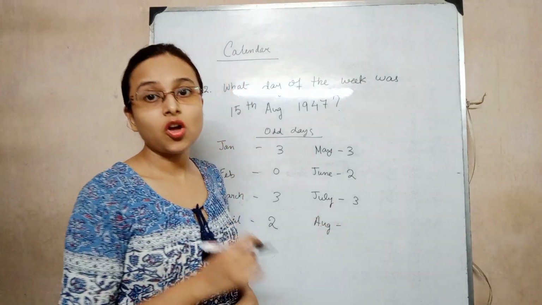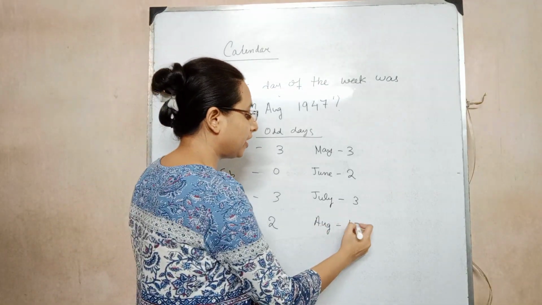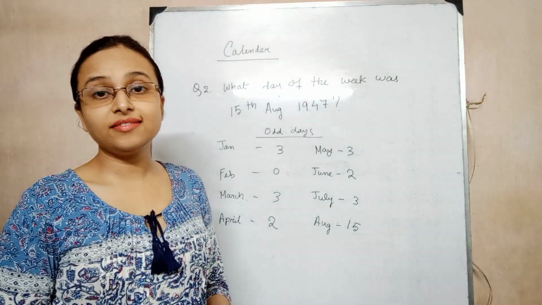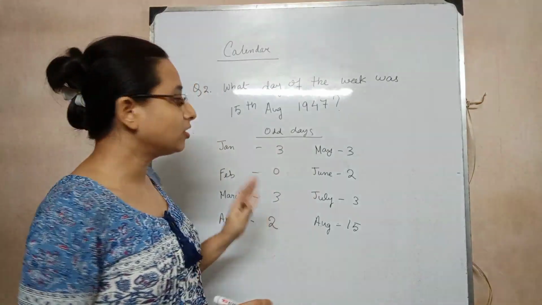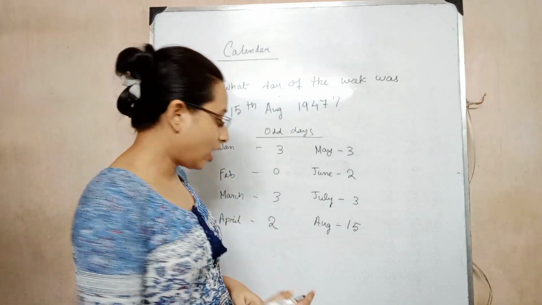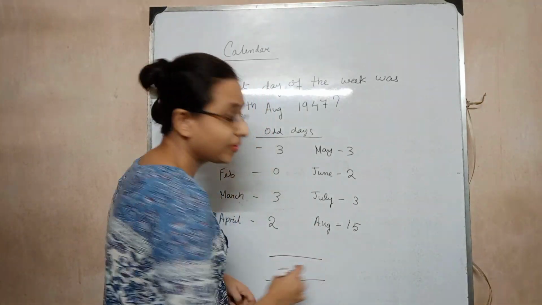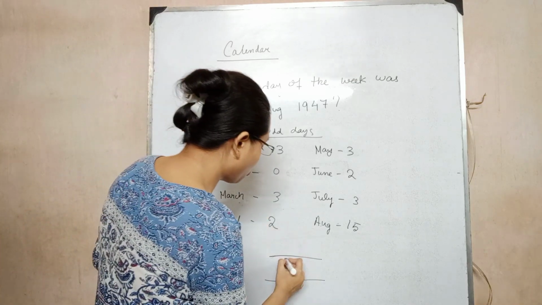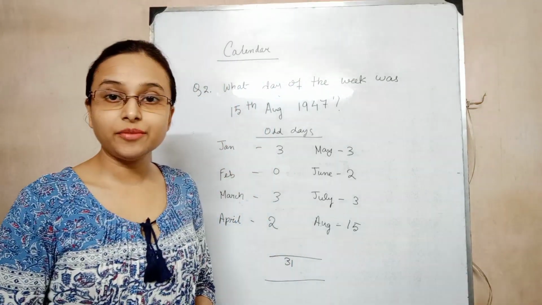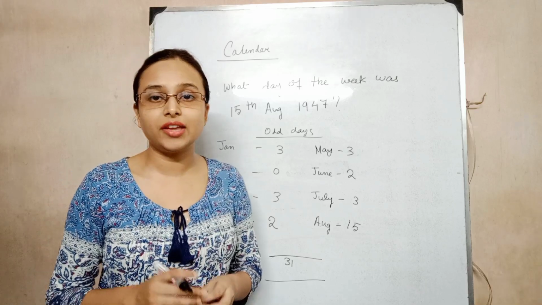Now August. August will have 15. Why? Since the month is not over yet. So we have got the total number of odd days. Now we can calculate the total. If we calculate the total, we will be getting 31 odd days. Right? So 31 odd days we have got.